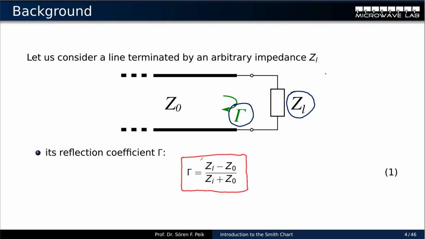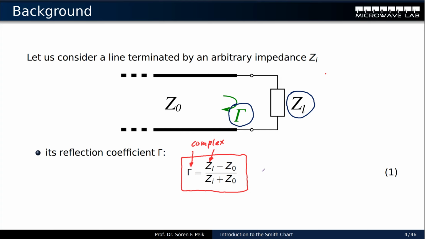It's easy to calculate because you only have to plug the information into that formula and you get a result. However, there's one big problem. ZL is usually complex, and that makes gamma complex too. Calculating complex numbers is nowadays easy using computers.